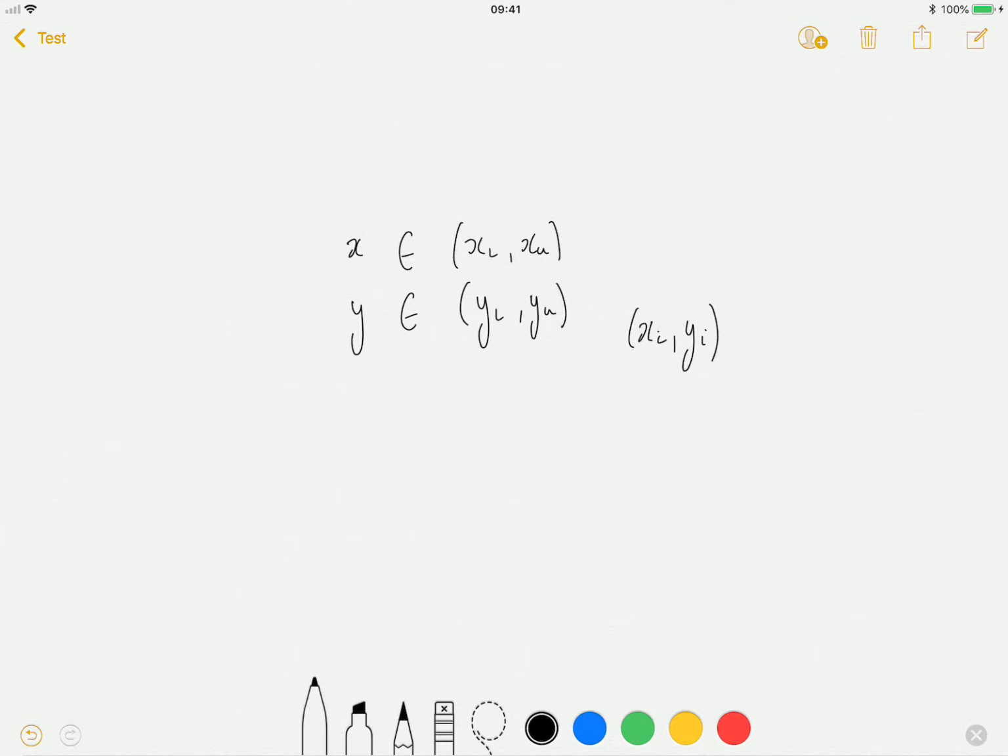And we would use these pairs to locate the maximum or minimum of a function.